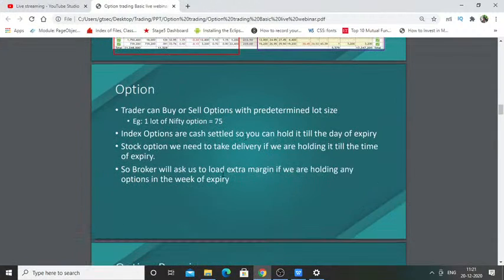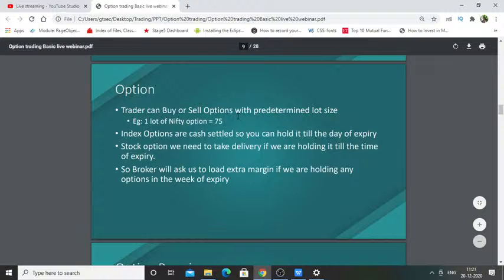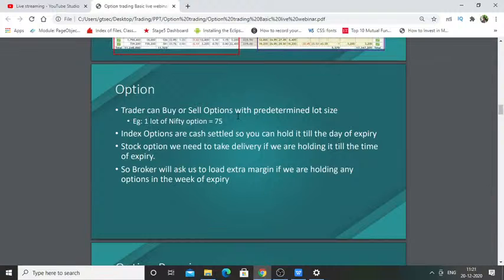A trader can either buy or sell the option with a predetermined lot size. For each and every stock there is a predetermined lot size, so you cannot simply go and buy an option with one quantity. For example, one lot of a Nifty option is 75.